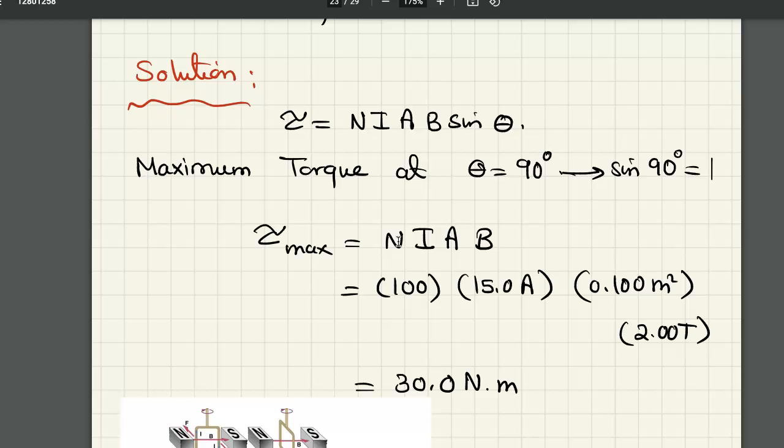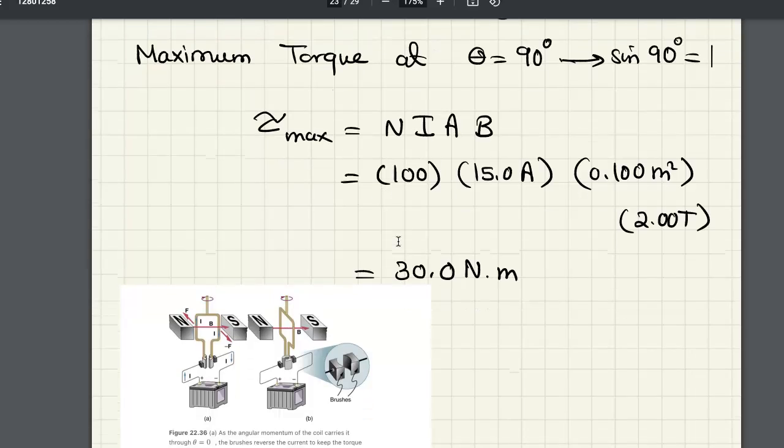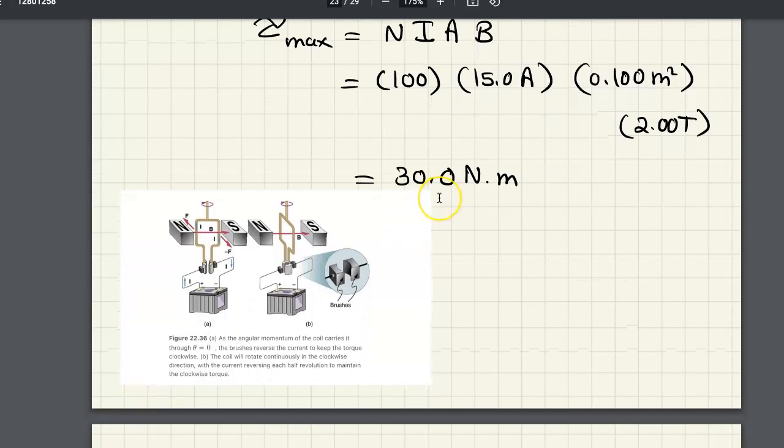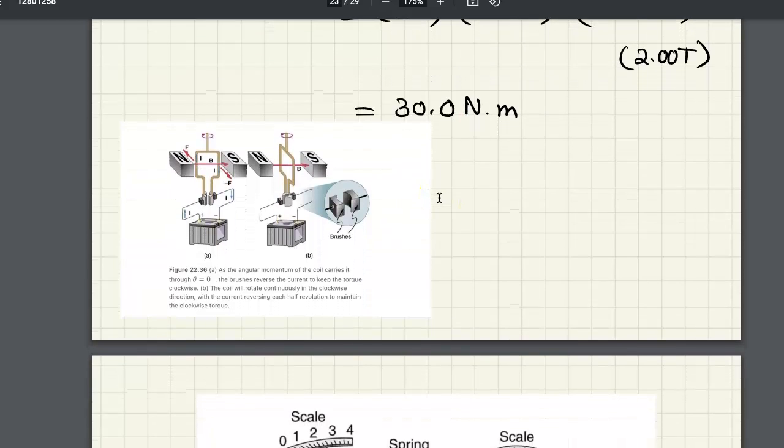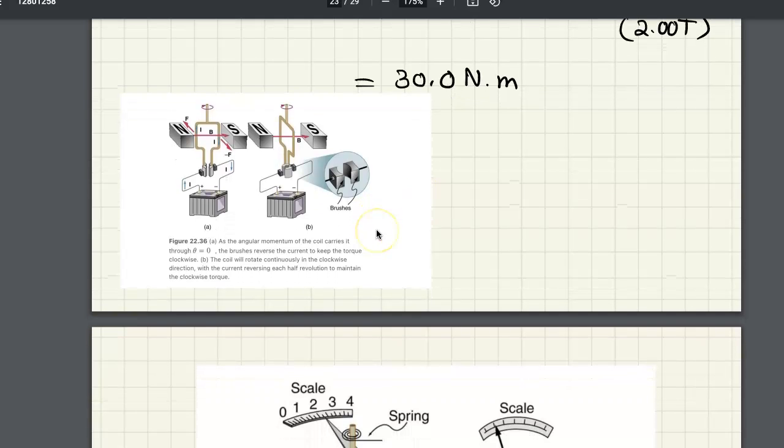The maximum torque occurs when theta equals 90, so that sine 90 is 1, and tau maximum is N times I times A times B: 100 times 15, the current, times the area, times the B, and that is going to be 13 newton-meters.